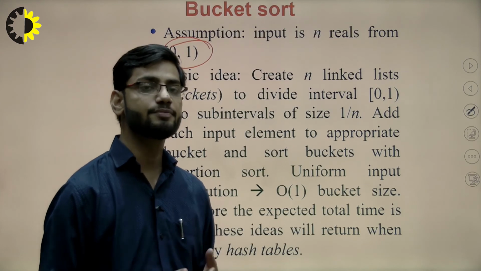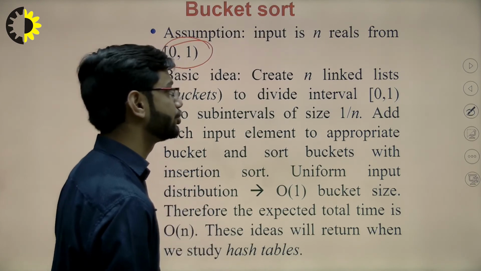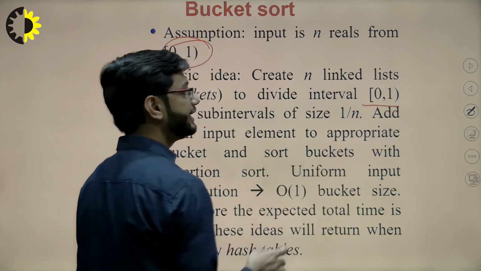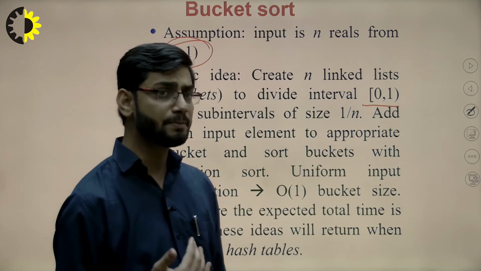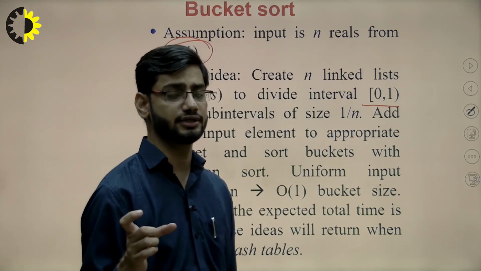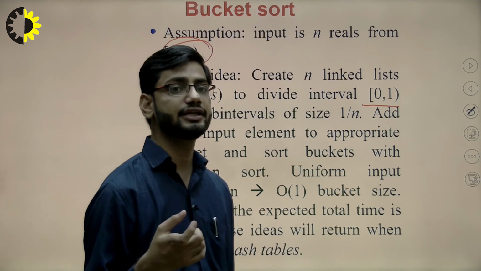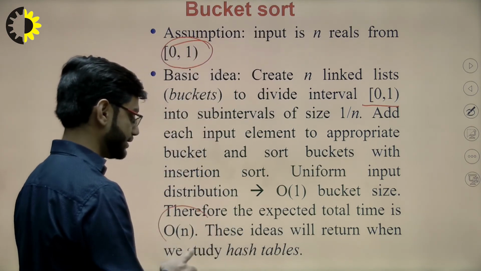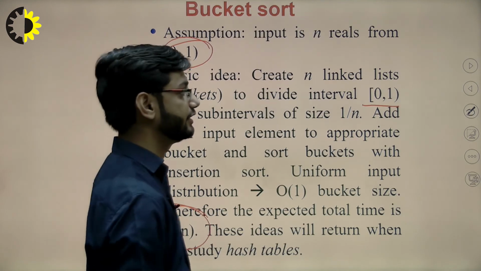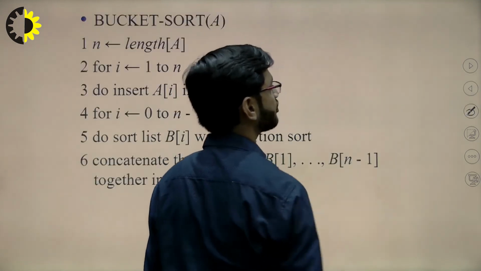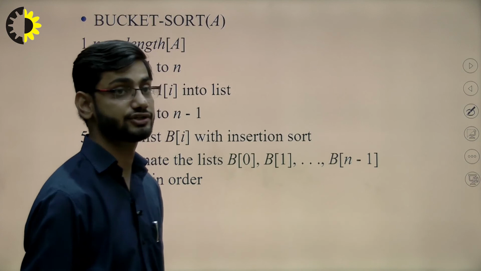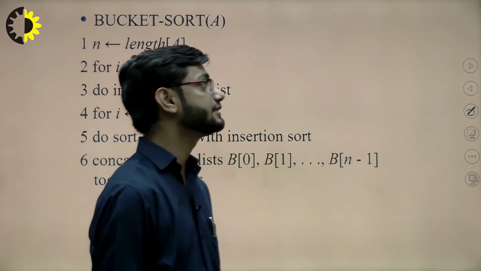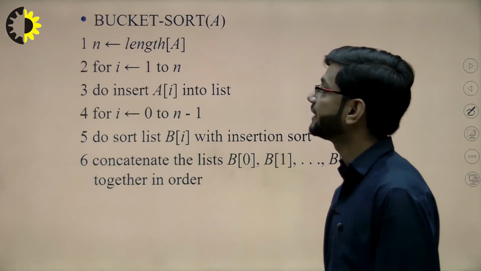It creates a bucket for each kind of digit that we are getting in the input array, and the expected total time to run this algorithm is again order of n. And this sorting algorithm is also used in hash tables. So this is the time complexity of bucket sort.